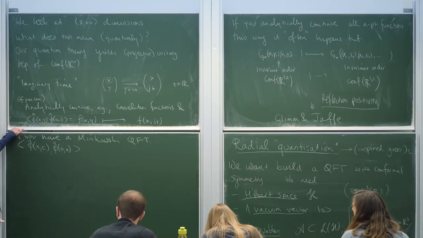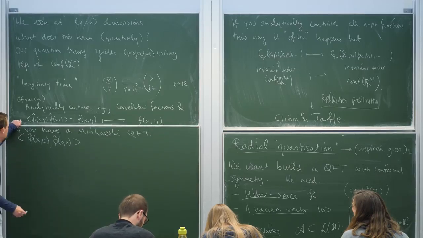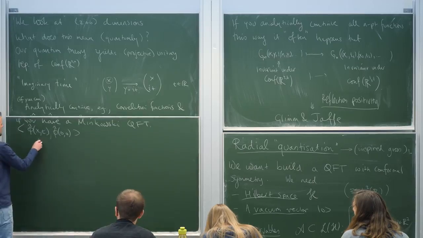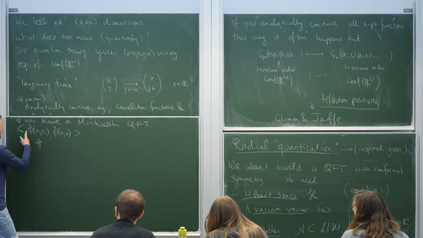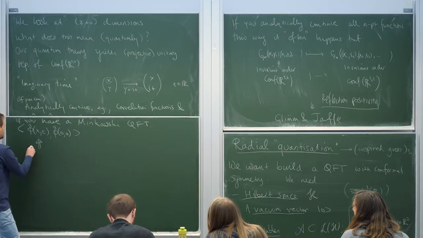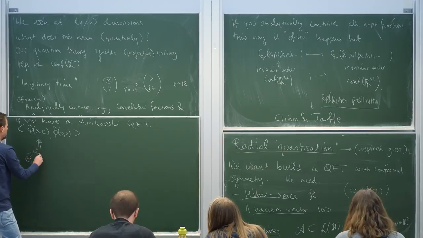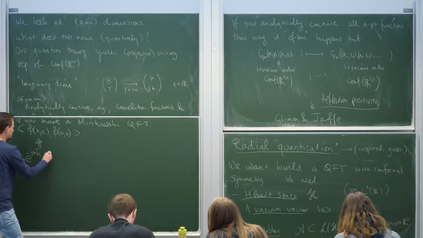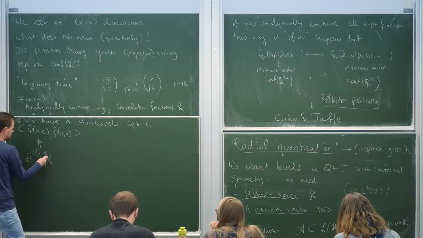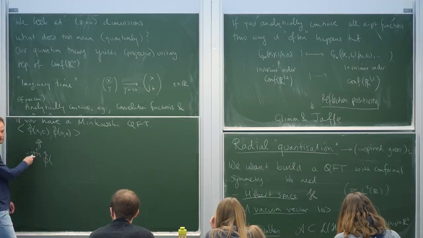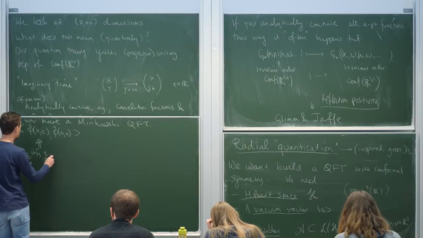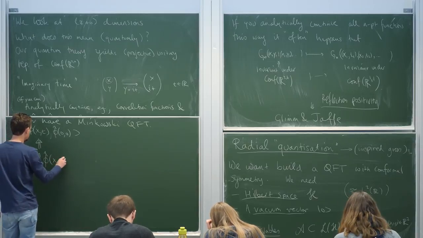Something you could imagine calculating in your favorite Minkowski theory. And because you worked very hard and you understand this theory very well, you know how to write that correlation function as, in the Heisenberg picture, the result of applying the time translation subgroup to this field here.